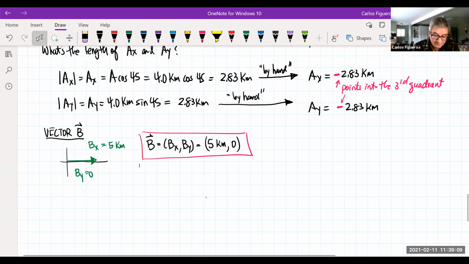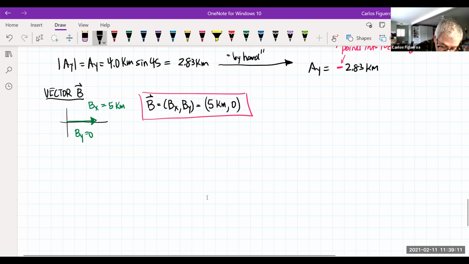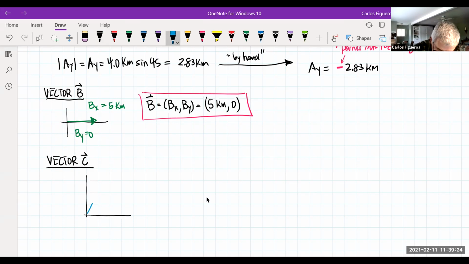Let's go to C. So if I go to vector C here, what do I see? Well, we have the same type of thinking as before. We have a vector that's 60 degrees measured, where the length of C was 6 kilometers.